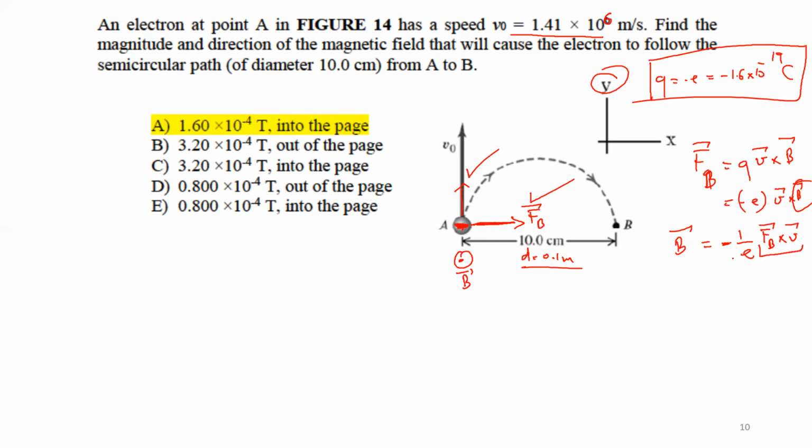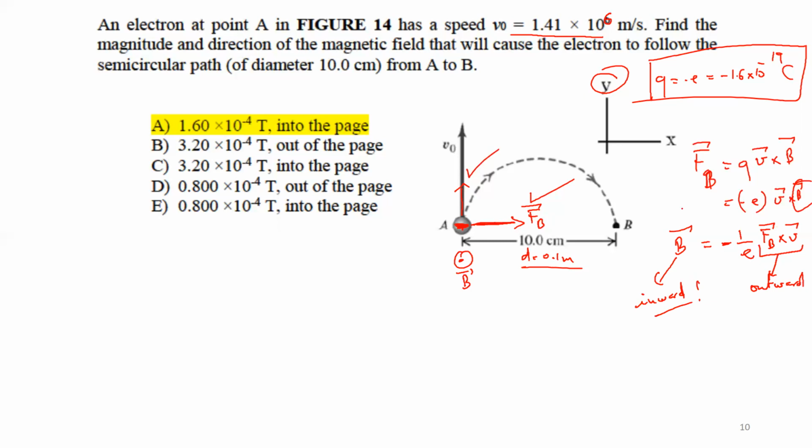FB is here, V is up, so FB cross V is pointing out of the page. That means minus outward is inward. So B is inward. Okay, that's just the direction.